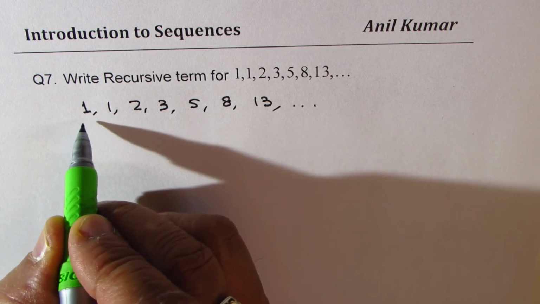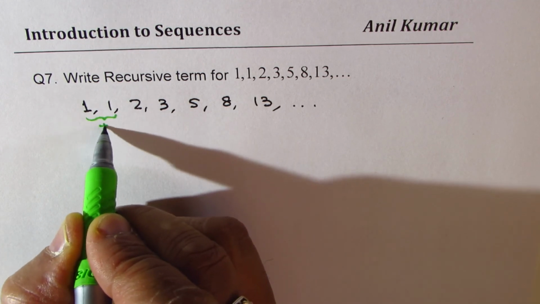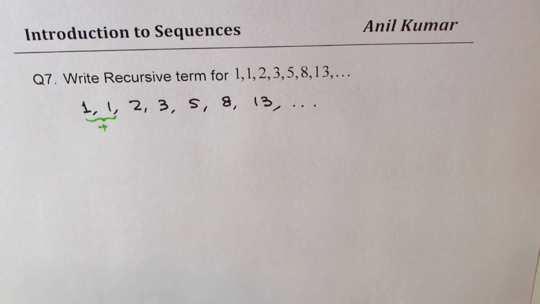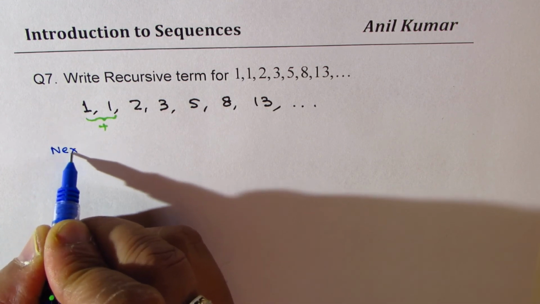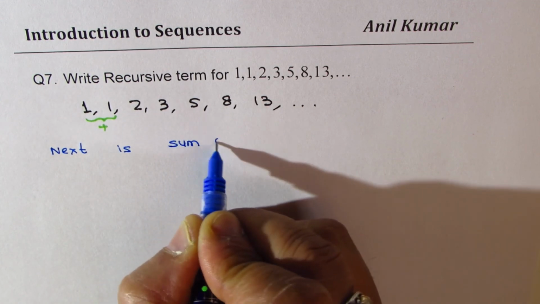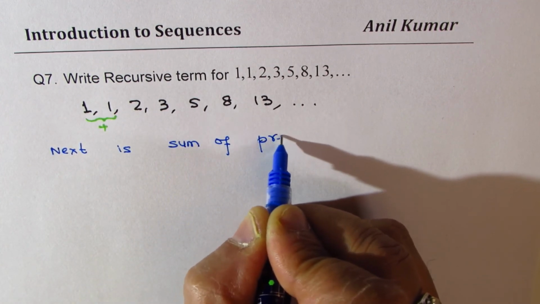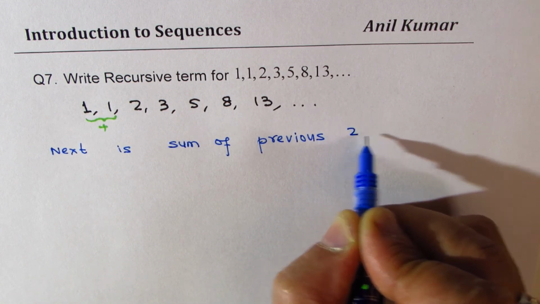Well, what you notice here is that the third term is sum of previous two. So here we are looking for next term as sum of previous two terms.